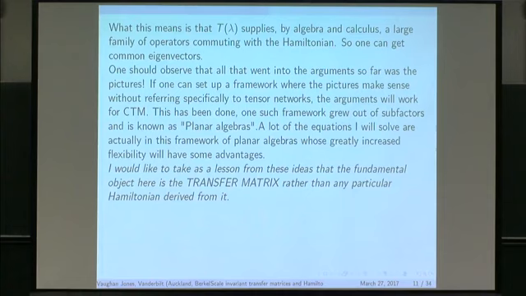It's the transfer matrix which has all of this wonderful data, and the individual local Hamiltonians are just sitting there underneath it, but it is supplying all of this data. So what I'm going to look for in the rest of the talk is the appearance of transfer matrices. And I assume that if you want Hamiltonians, you can get them.